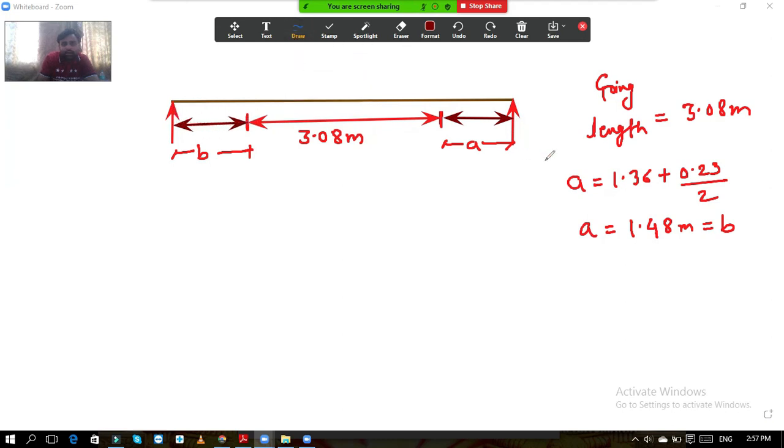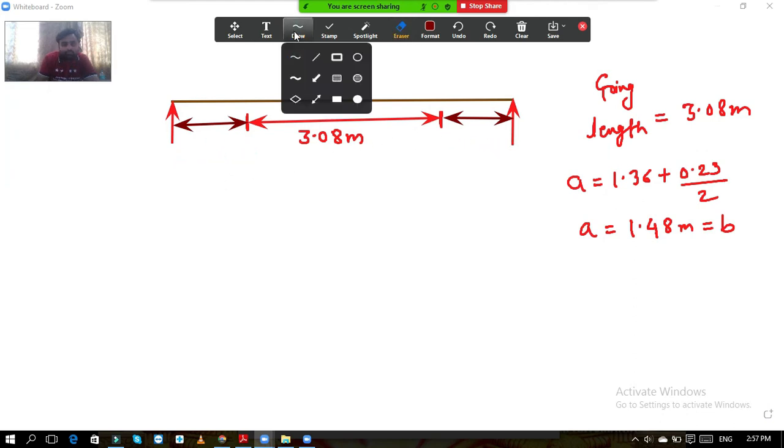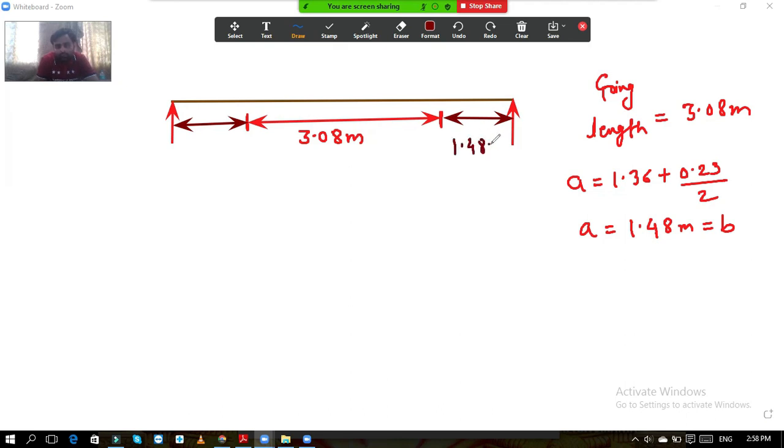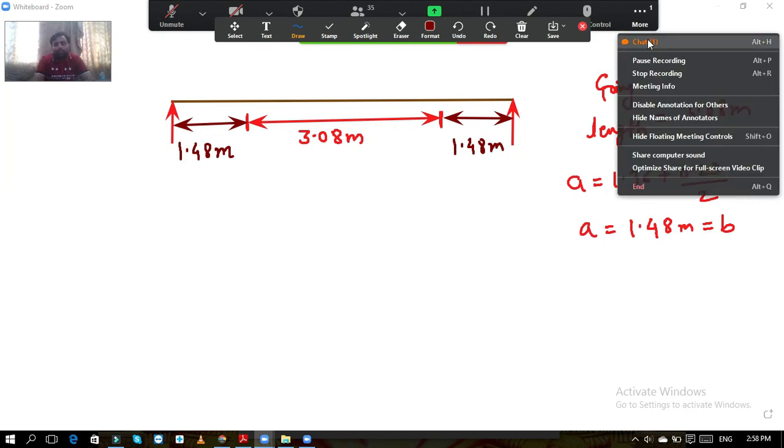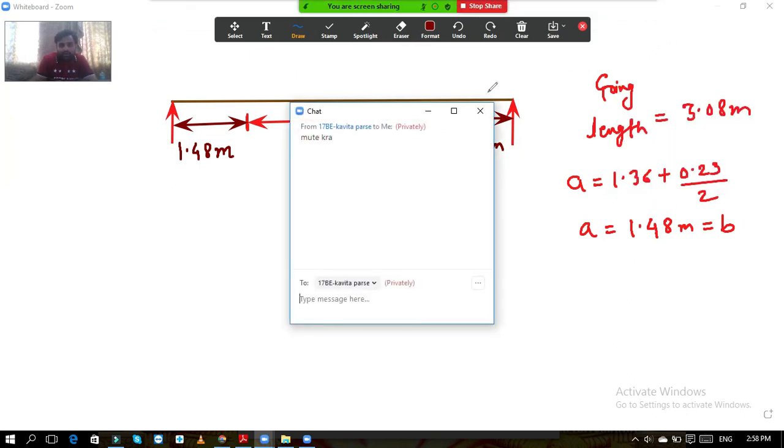So these are 1.48 meter. This is also 1.48 meter. And now load is also acting on the staircase.